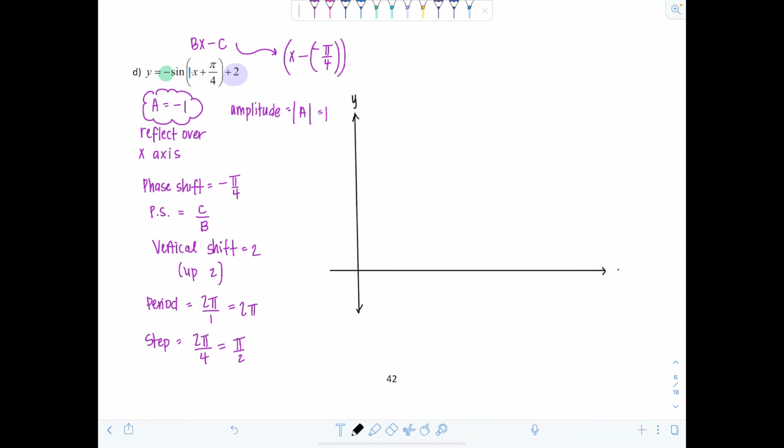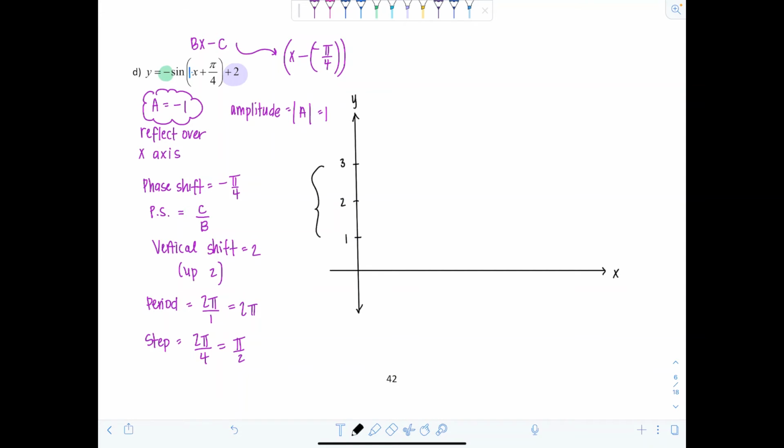And here's the x-axis. I'll label the x-axis in a second. But normally your sine curve lives between -1 and +1. If you add 2 to both of those, -1 plus 2 takes you to +1. And then if you add 2 to 1, now you're at +3. So our graph's going to live in here.